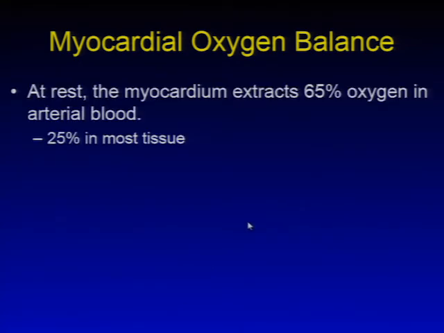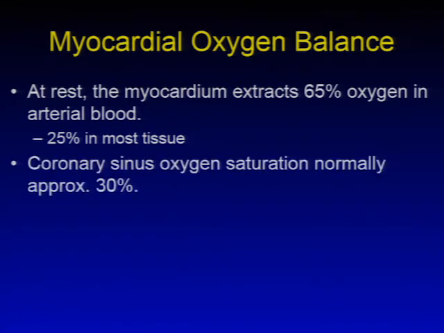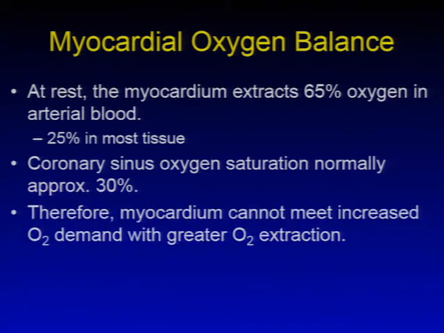At rest, the myocardium is already extracting approximately 65% of the oxygen from arterial blood. This is in contrast to most of your tissue that extracts only about 25%. Therefore, the coronary sinus oxygen saturation is normally approximately 30% as blood returns to the right atrium.